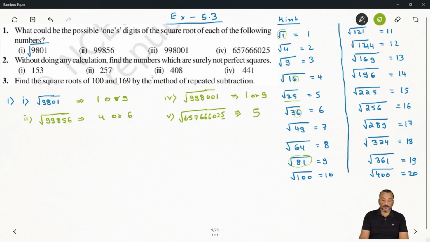Now coming to question number 2: without doing actual calculation, find the numbers which are surely not a perfect square. Again it is based on one property.